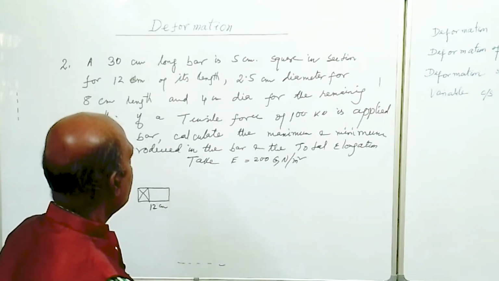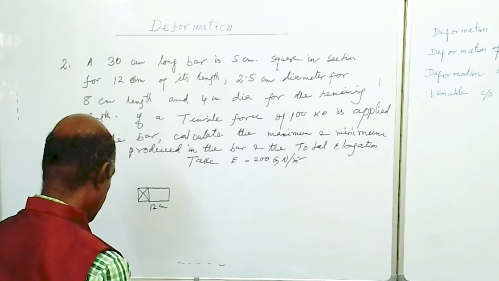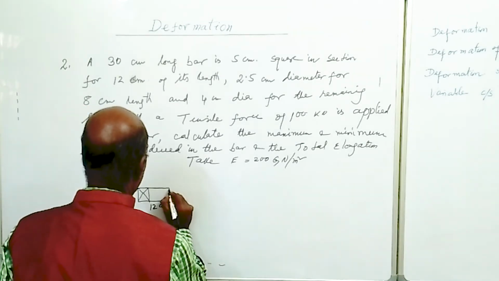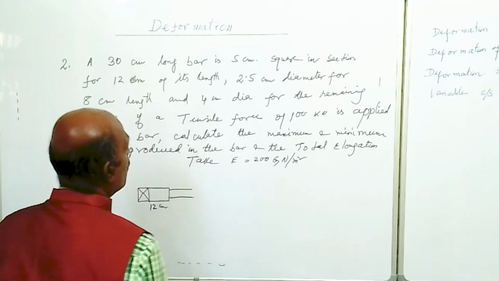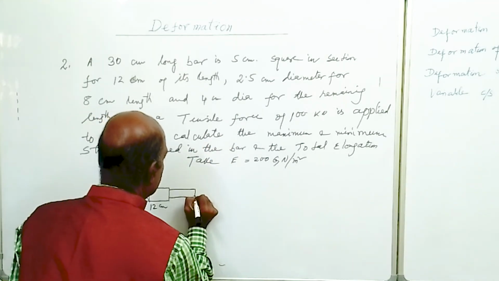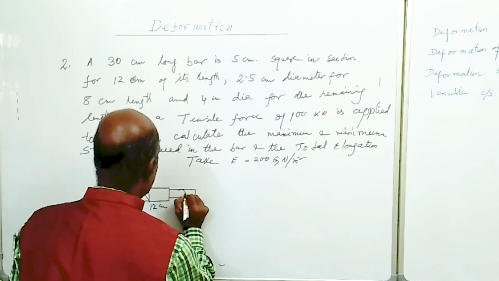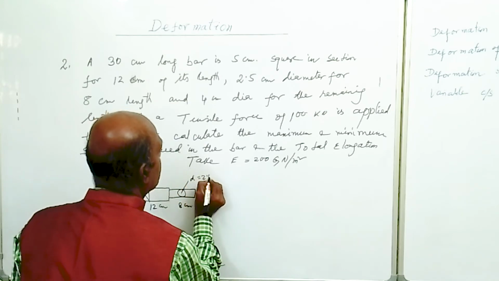Then 2.5 centimeter diameter for 8 centimeter length, D equal to 2.5 centimeter.